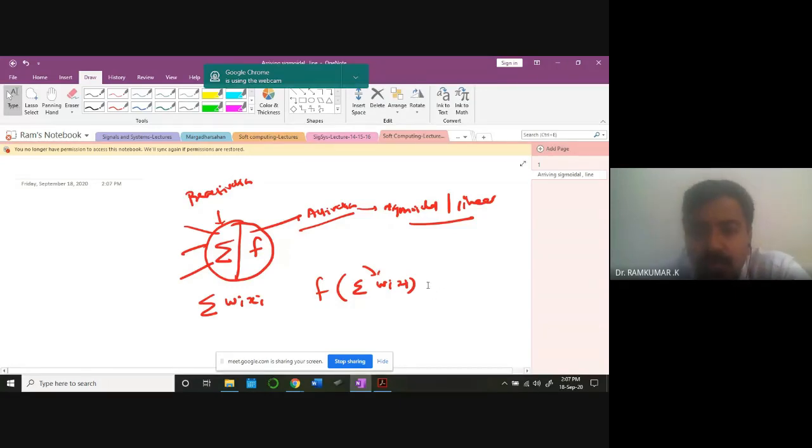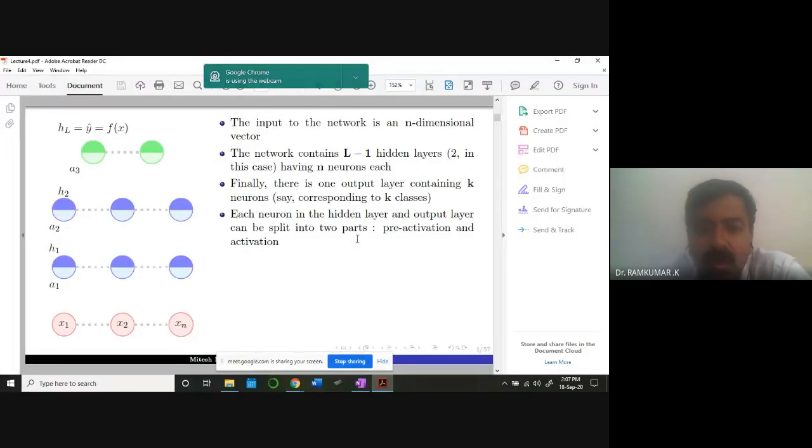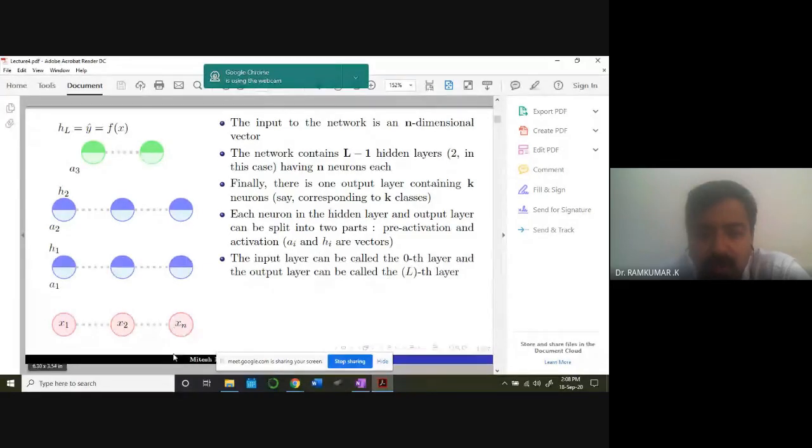Now look at the slide again. Each neuron in the hidden layer and output layer can be split into two parts: pre-activation and activation. Ai and Hi are vectors. The input layer can be called the zeroth layer here, and the output layer can be called the Lth layer.